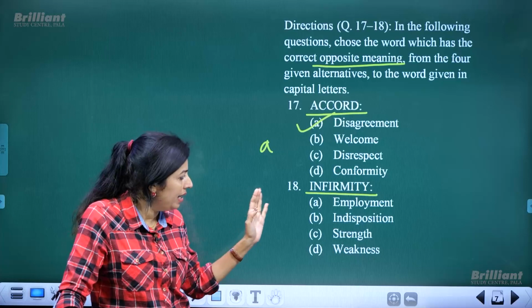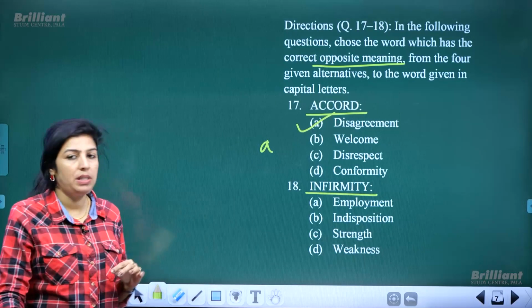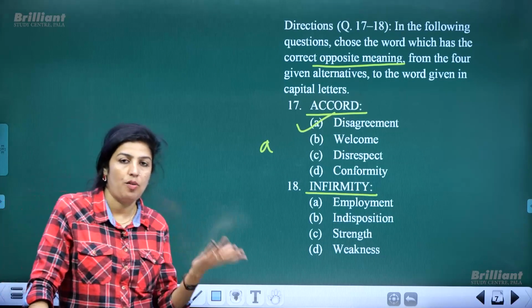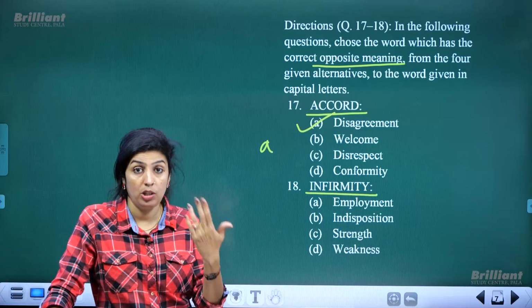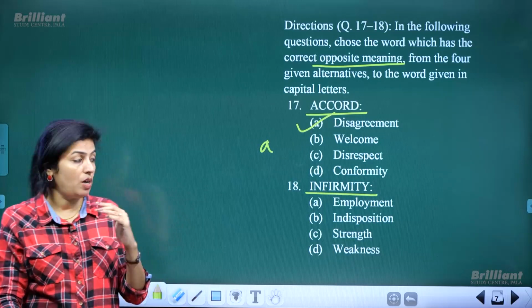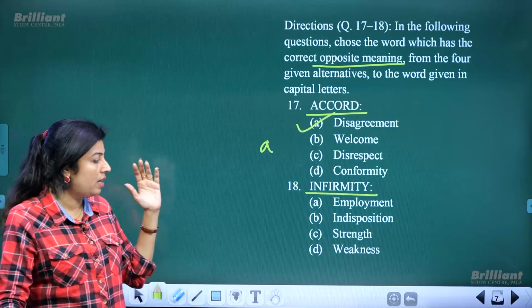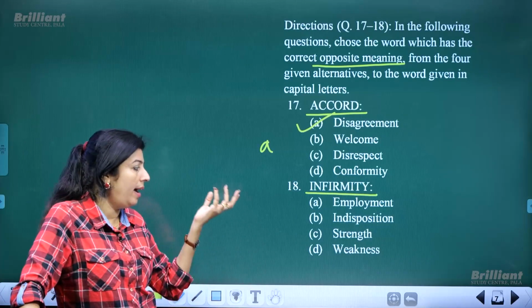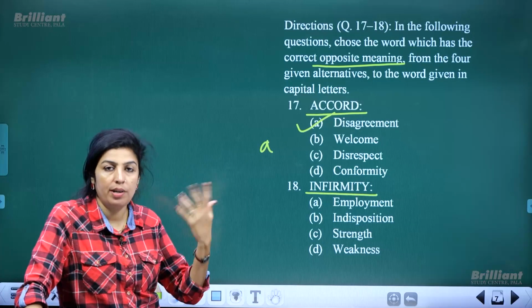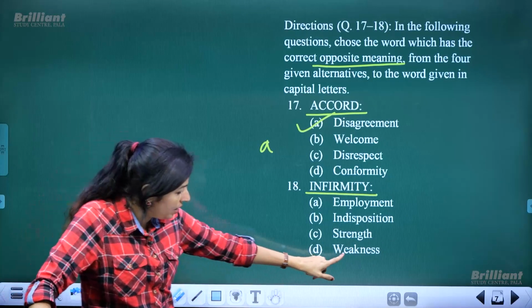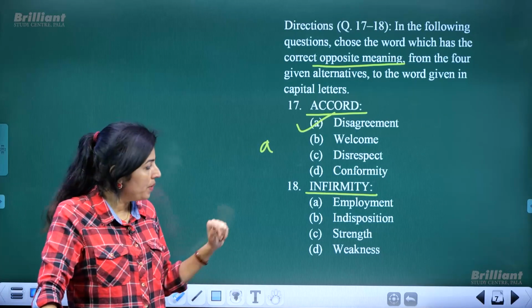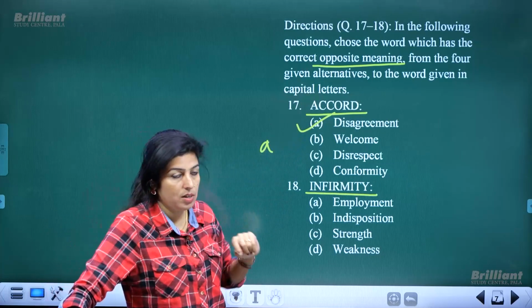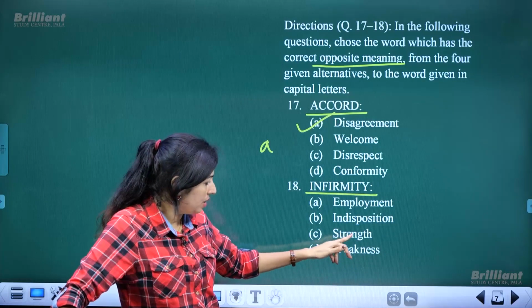Now, infirmity. Infirmity actually means lack of strength or weakness. I am giving you the meaning, not the antonym. The meaning of infirmity is lack of energy and strength, or in short, weakness. So weakness is a synonym for infirmity. But we require the opposite. The opposite of weakness is strength.